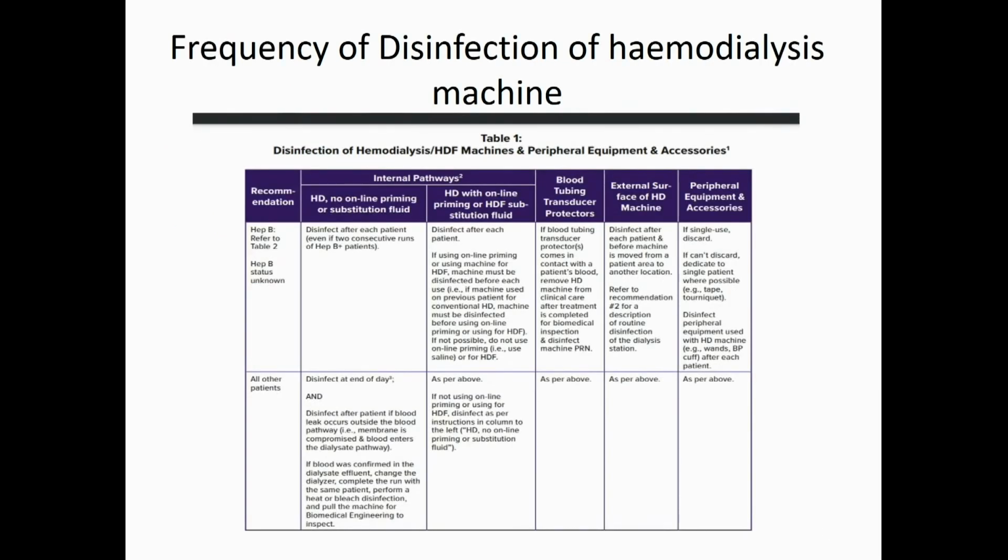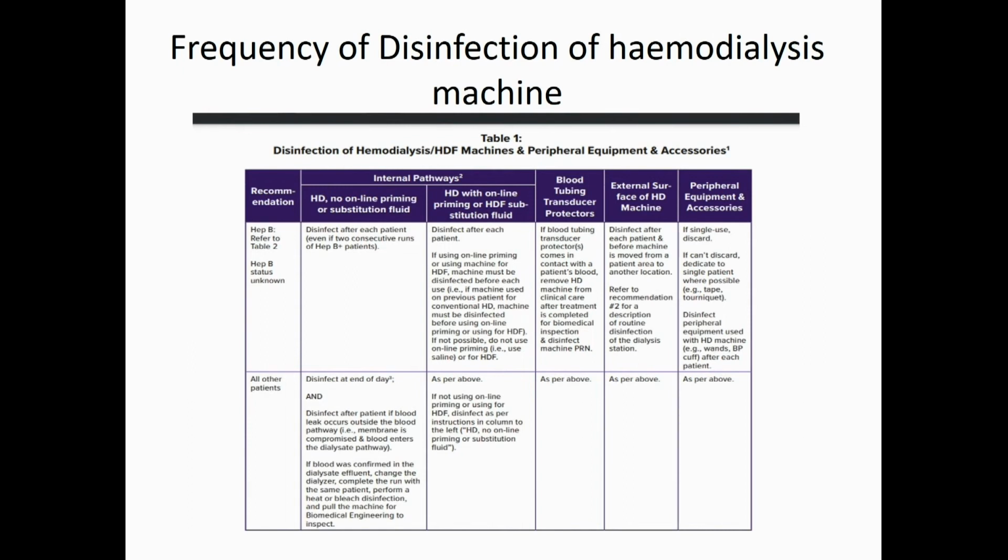So, continuing what Dr. Khanna was just now saying, these are the BC recommendations from Canada, and they recommend that at the end of every session, if it is a Hep B patient, you need to do a hydraulics disinfection, and at the end of the day for non-Hep B. But I spoke with the Fresenius engineer.